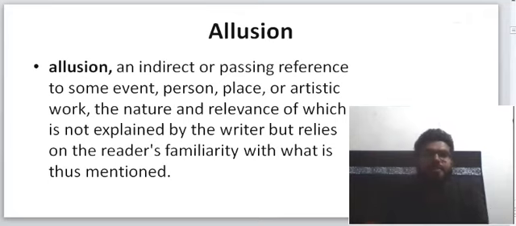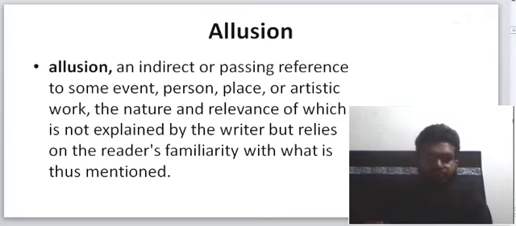So, simply speaking, allusion is an indirect reference to something important. So, when the writer is writing, he brings in a kind of passing reference, brief reference that makes the reader think of something, some event, some person, some place, or artistic work. So, this is how the writer creates meaning.